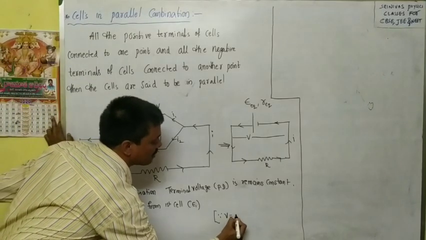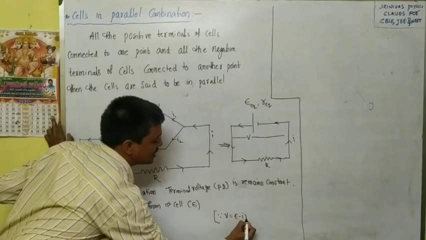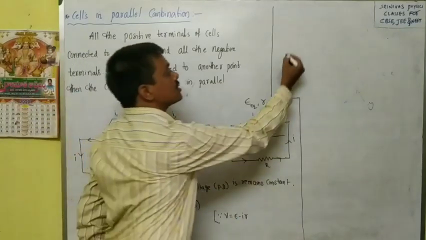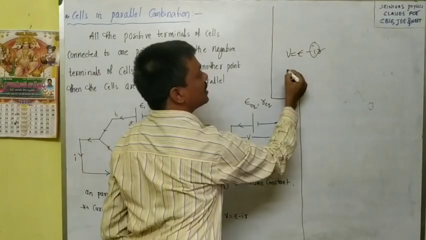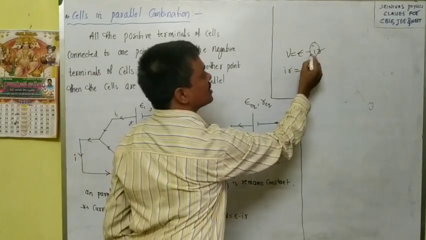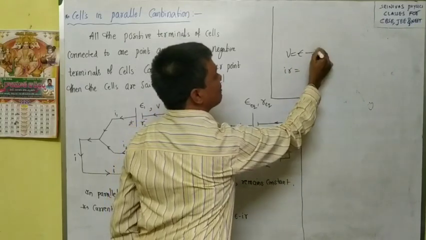Terminal voltage formula is what? V is equal to E minus IR, right? In this formula I want to find out the current, so we take this as V equal to E minus IR.